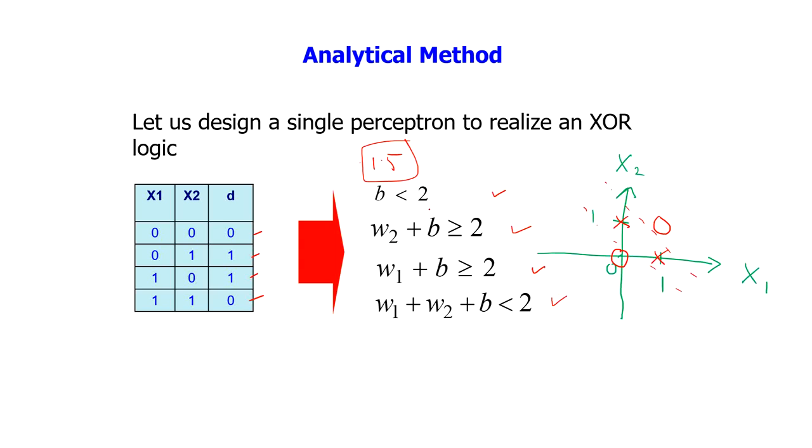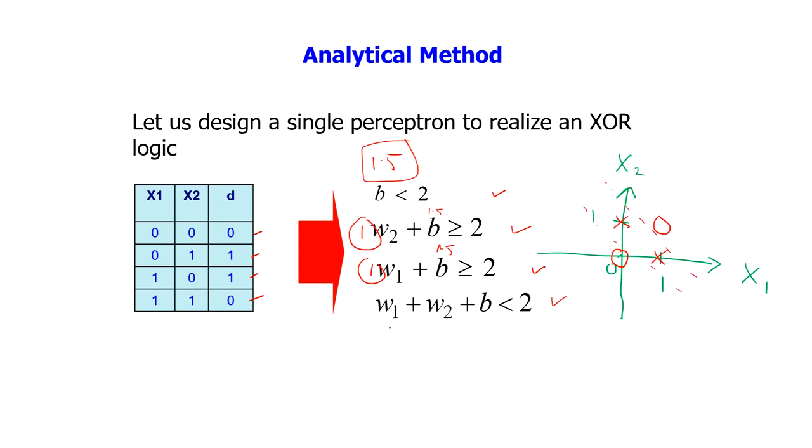Since b is 1.5, I put the value of 1 here, because 1 plus 1.5 is higher than 2. The same for w1: I put 1 here, so 1 plus 1.5 is higher than 2. So we are able to fulfill the first, second, and third constraint functions.